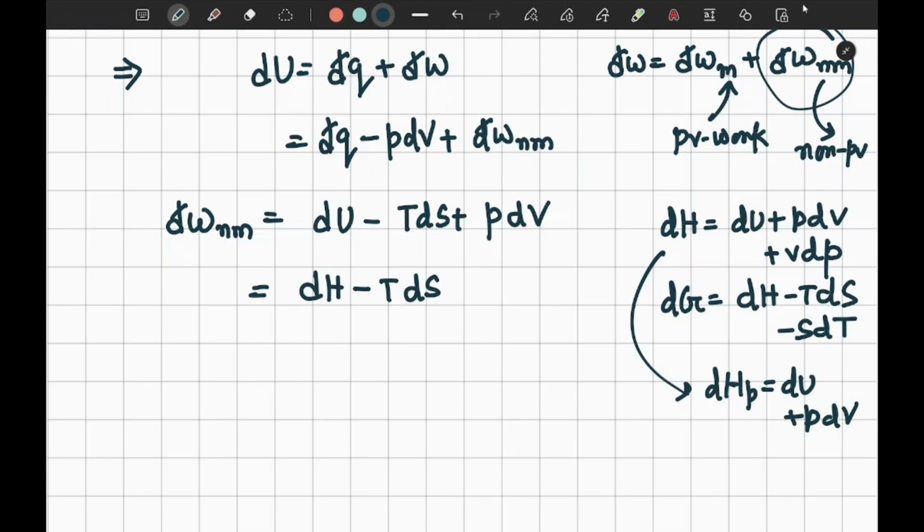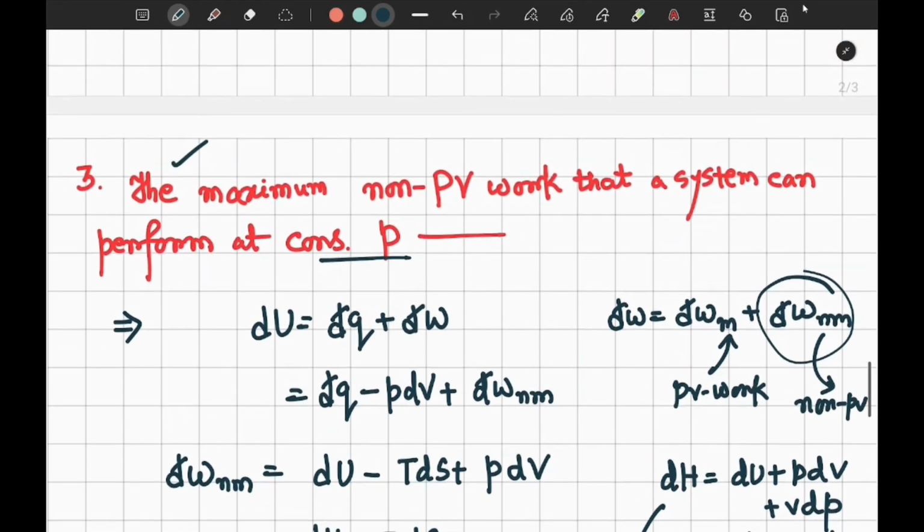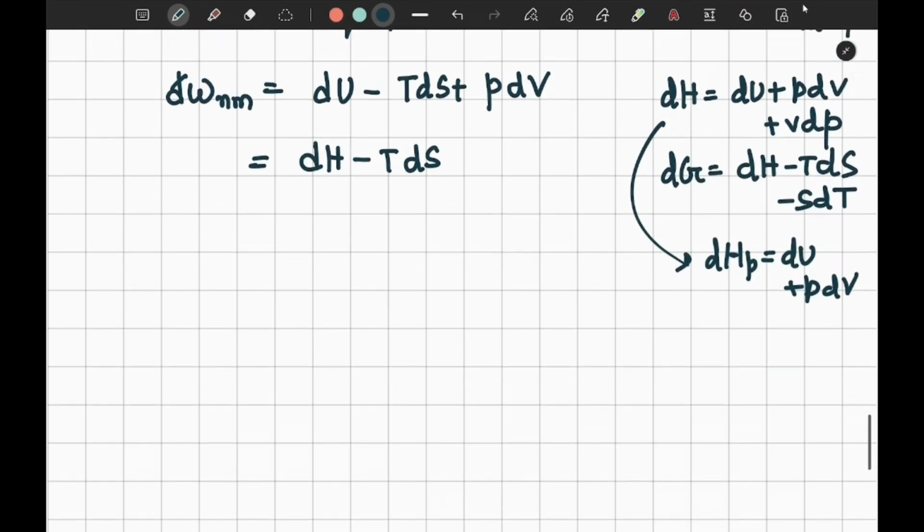Okay. So dH minus TdS can be written as dG plus SdT.